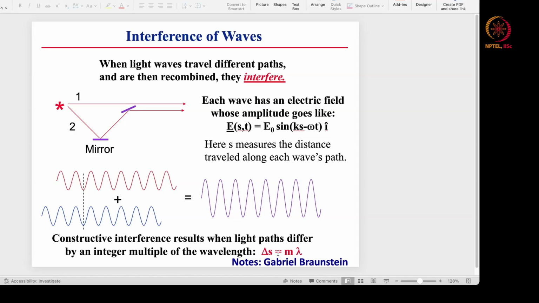If this delta S is an integral multiple of the wavelength lambda, then you get constructive interference.